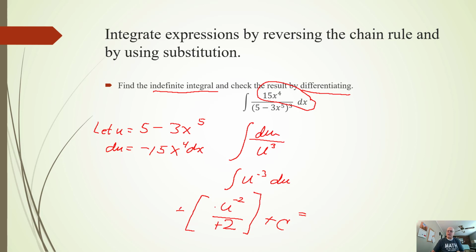These minuses will cancel, and what we'll get is, putting u back in from its original value, 1 over, because remember this is u to the negative 2, so in the denominator we'll have that 2, and we'll have 5 minus 3x to the fifth to the second power plus our constant of integration.